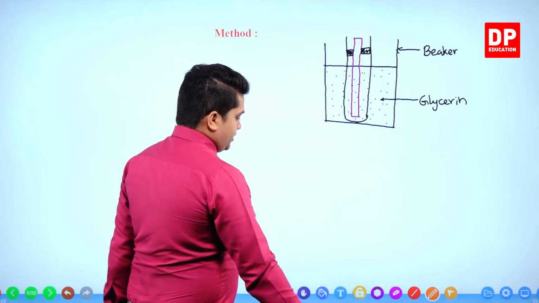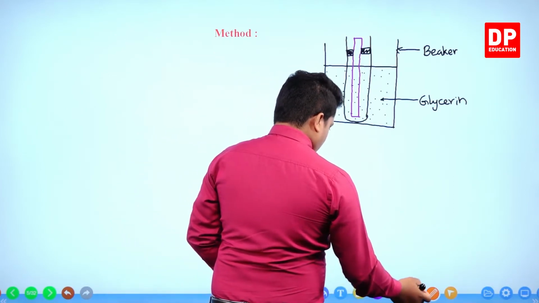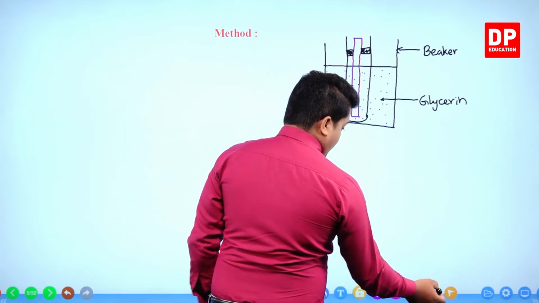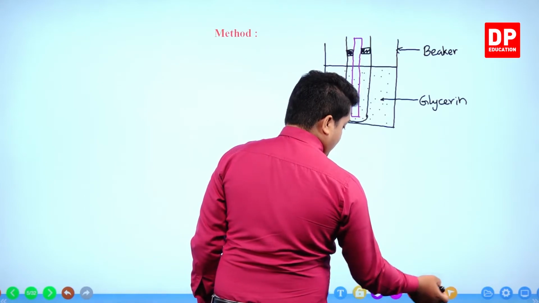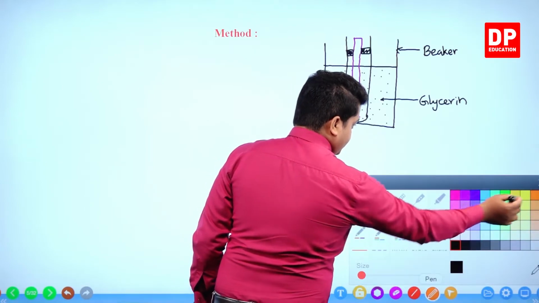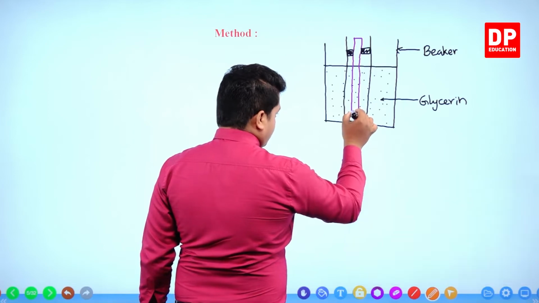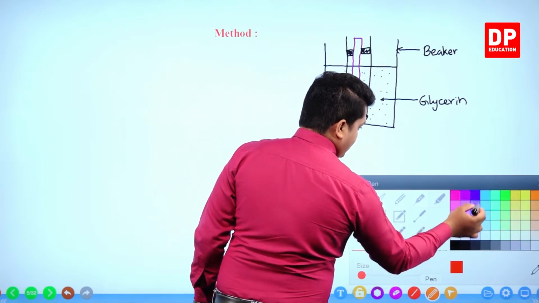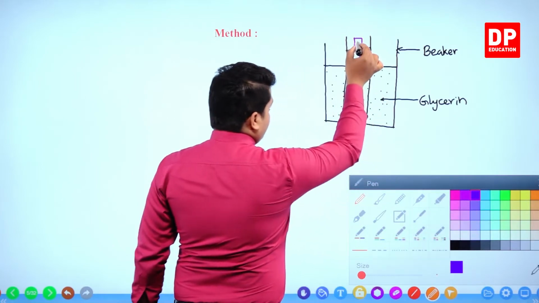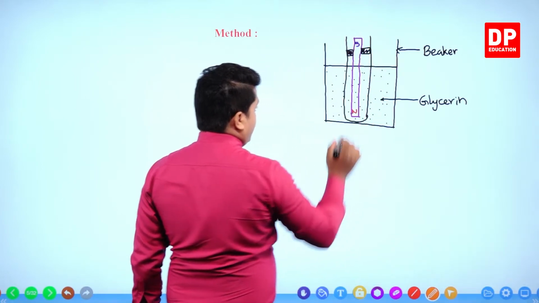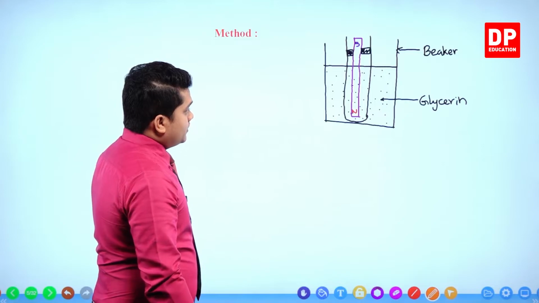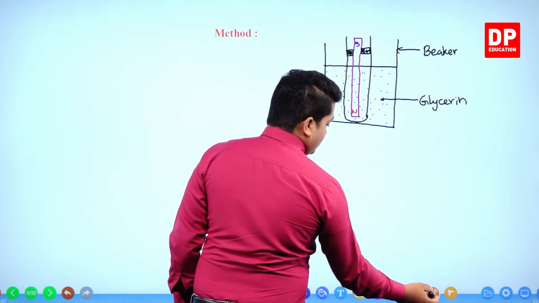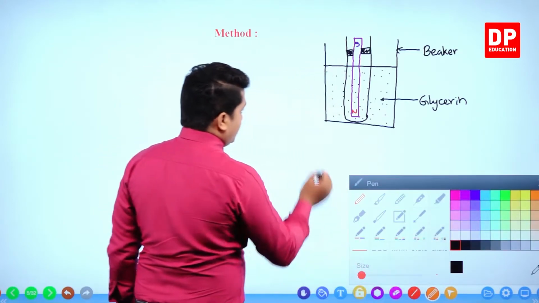Okay, right. I'll mark the north and south poles like in the earlier case. So this is my north and this is the south. Right? So we'll mark the other instruments which we inserted into the beaker.